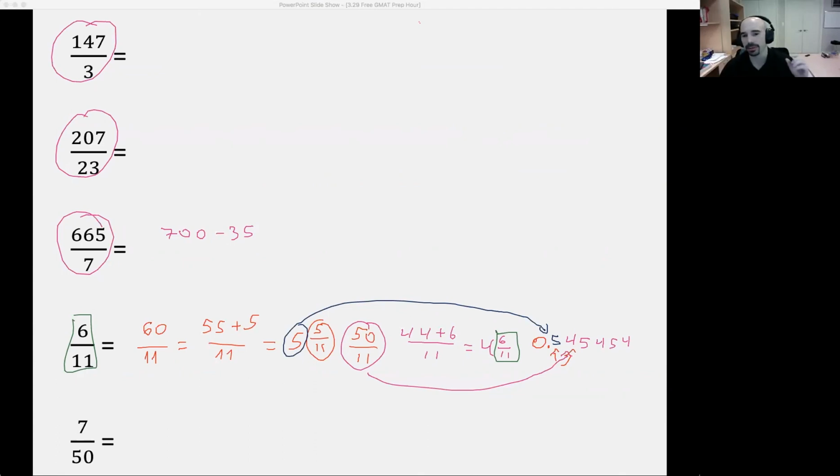So if you're on test day and you say, I just want to get this done as quickly as possible, I'm comfortable with long division, I want to do long division, I'm fine with that. I think that's a great idea. Because when you're on test day, your only job is to get as many answers as possible right and as quickly as possible. That's your job on test day. And that's all you should care about on test day.